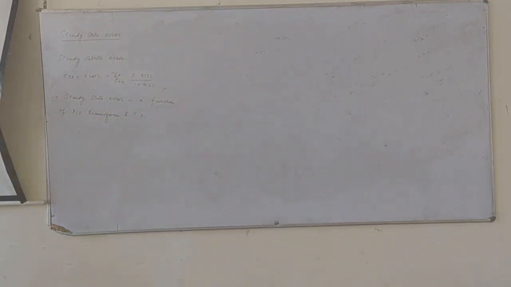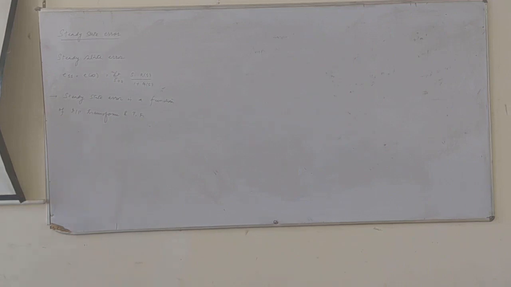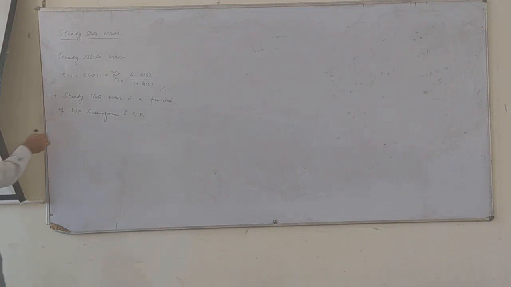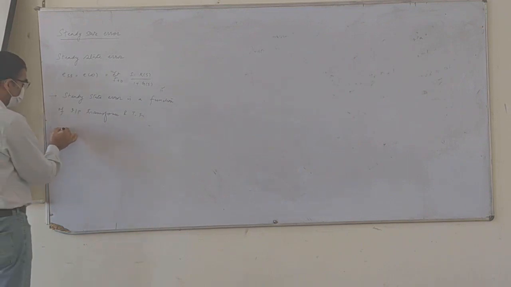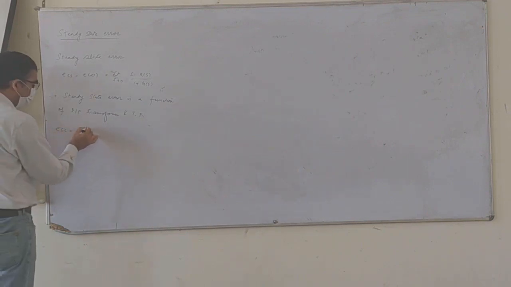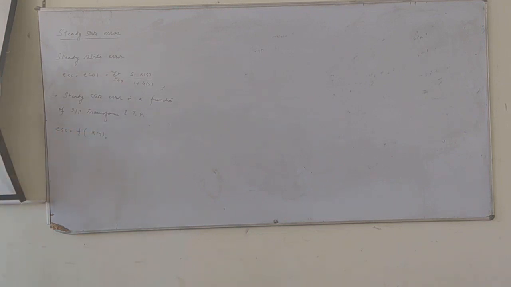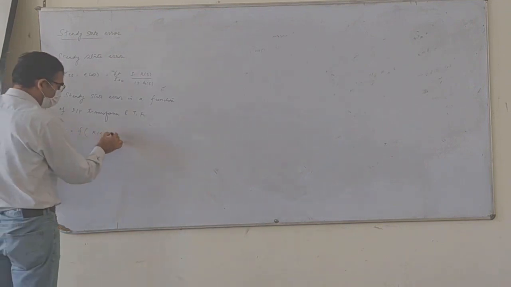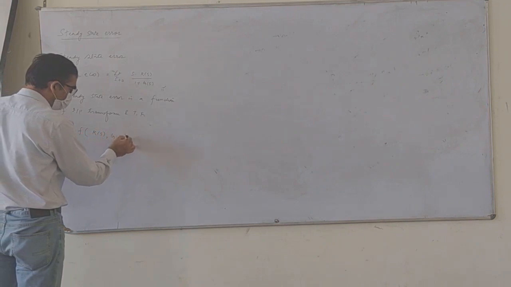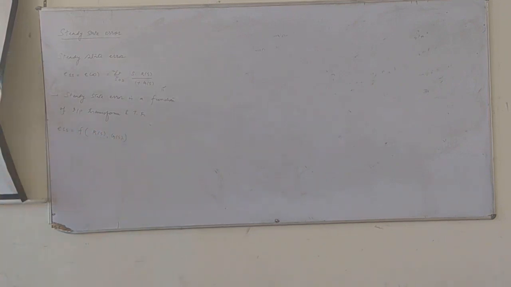It should be very clear. Two things it will depend on: input transform and transfer function. So I can write down E_ss, steady state error, is a function of the input transform and the transfer function, or G of s. Two clear things we have to see.